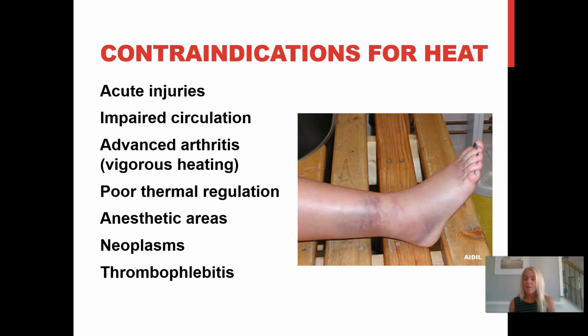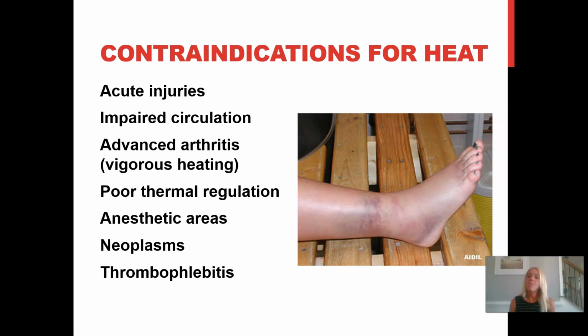If you think about it, arthritis is typically, by definition, an inflammatory condition, right? We're getting down to the bone on bone. Those bones are grinding against each other, and it's causing an irritation there. And so we just want to be careful, especially if we're using very vigorous heating methods, that we're not further irritating the situation.